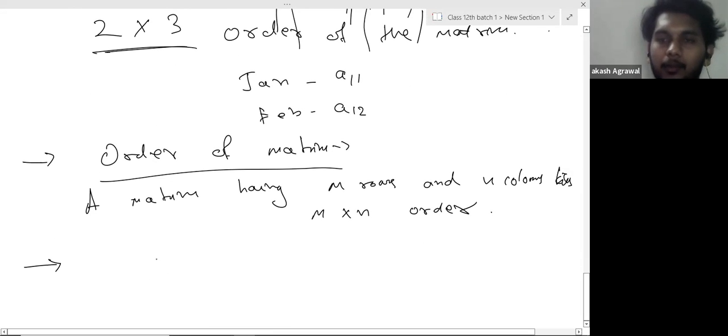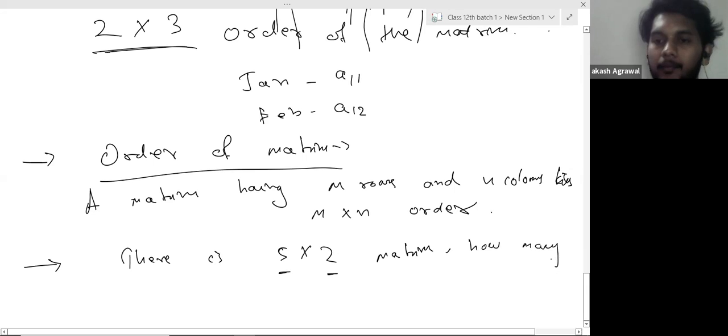One more question for you. Suppose there is a matrix of order 5 by 2, which means 5 rows and 2 columns. Someone asks you how many elements are there. Can anyone answer?